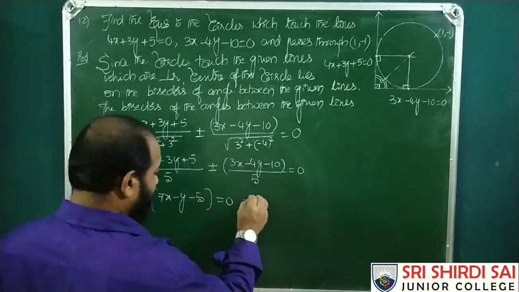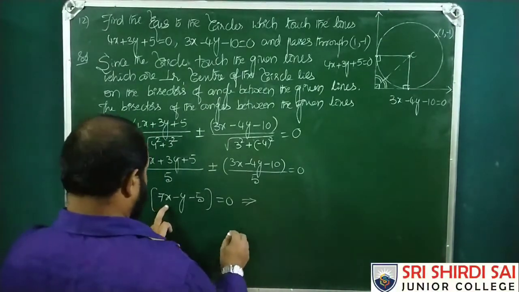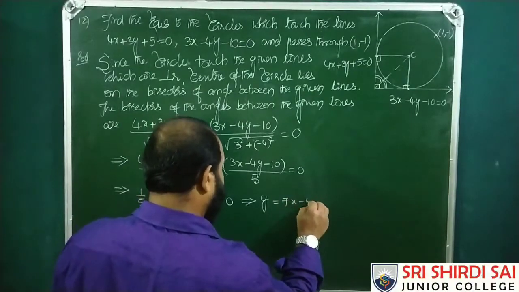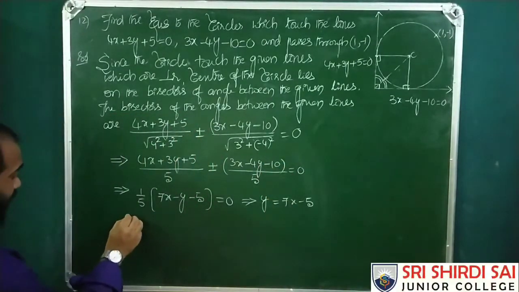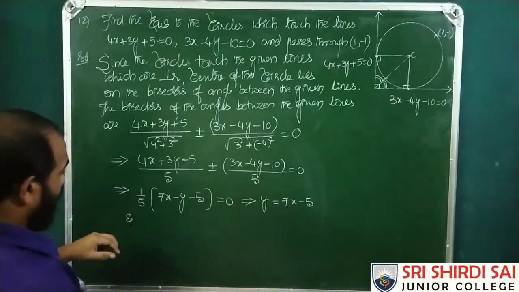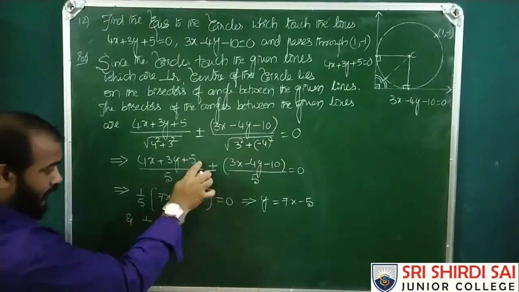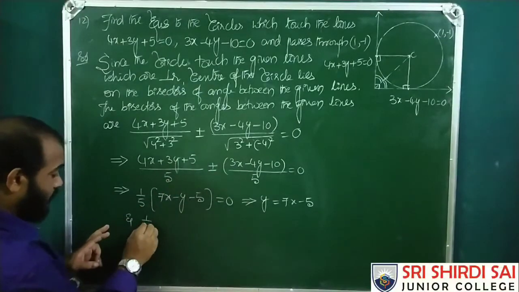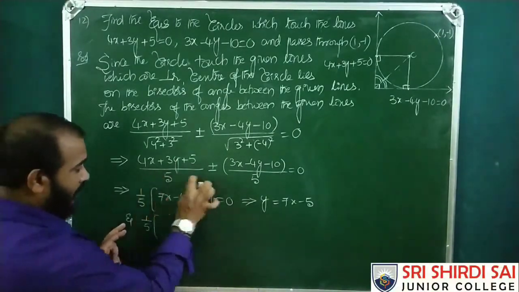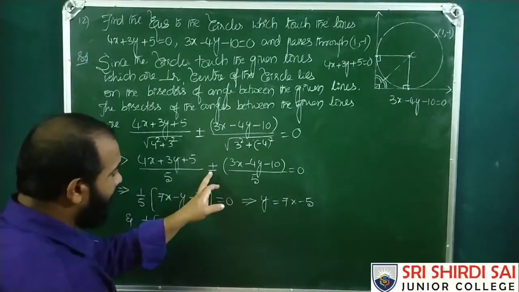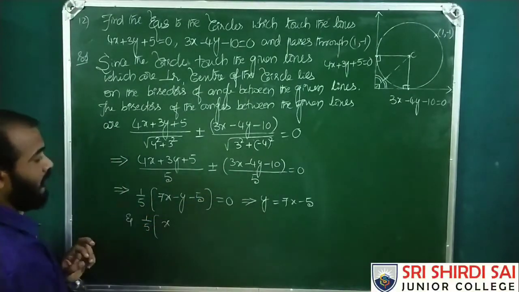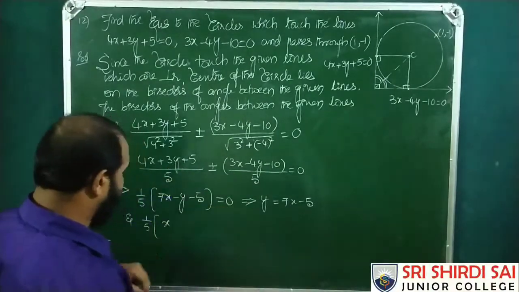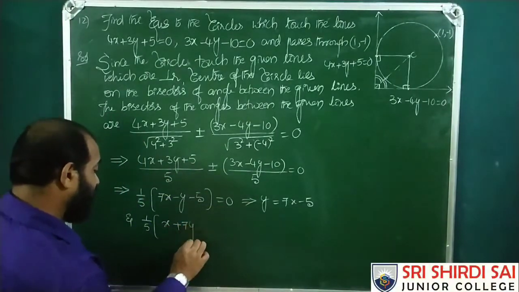From this, y is equal to 7x minus 5 and 1 by 5. First we have considered plus and now minus. So 1 by 5, if you take 5 as an LCM, 4x minus 3x, x, 3y minus of minus plus 4y, 3y plus 4y is 7y.